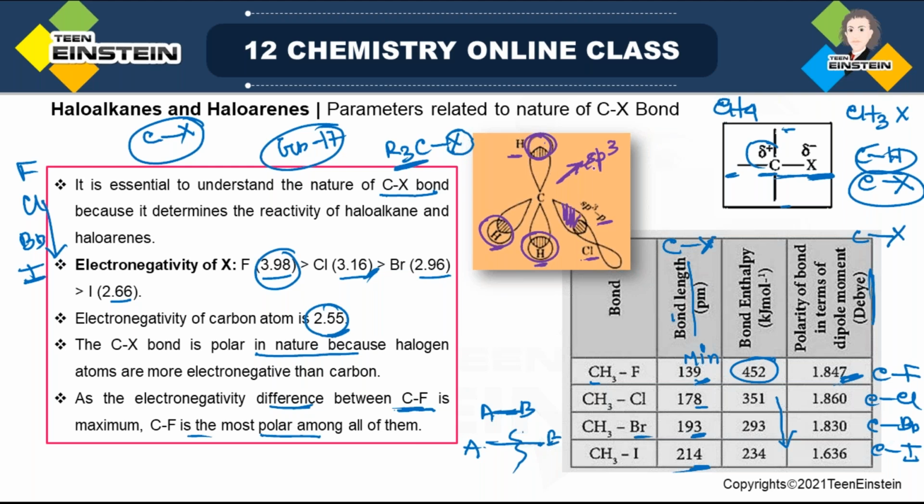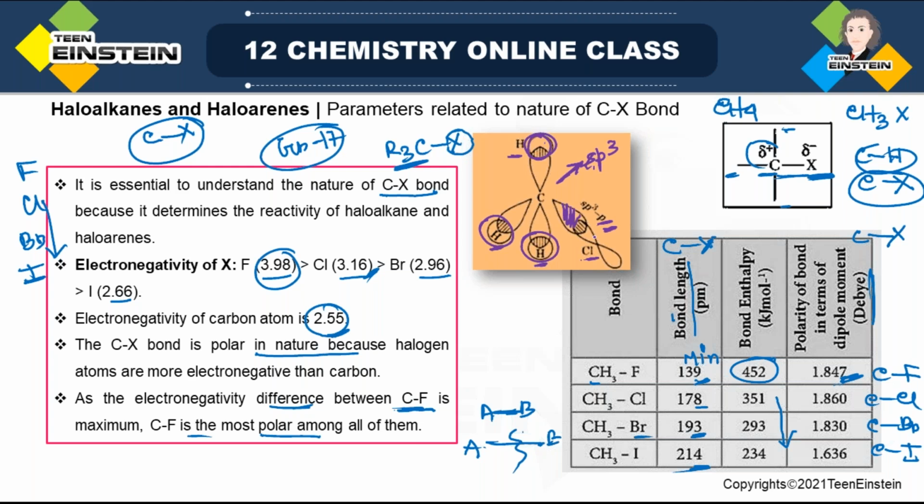It is sp3 hybridized, so obviously it will be tetrahedral, and even if it is CH3F or CH3Br, in all these cases it is tetrahedral because it is sp3 hybridized. Only this p orbital will be changing. So when it is fluorine, it is 2p, for chlorine 3p, for bromine 4p, and for iodine 5p. So this is the general structure.